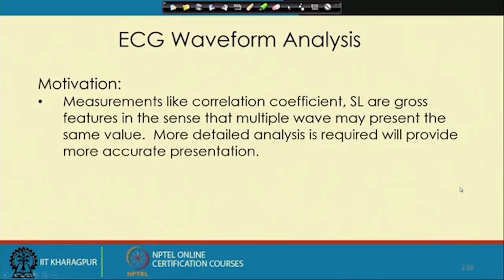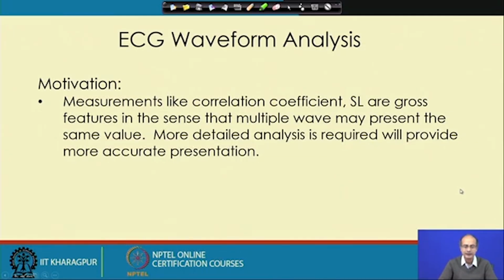So, after signal length, let us see further the ECG waveform analysis, and first we create the motivation. There are measures like correlation coefficient and signal length.